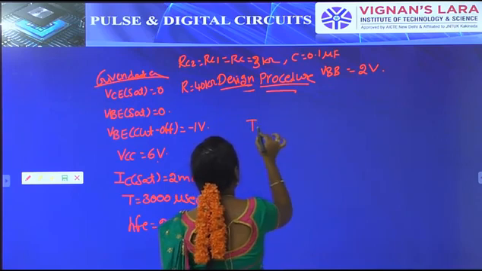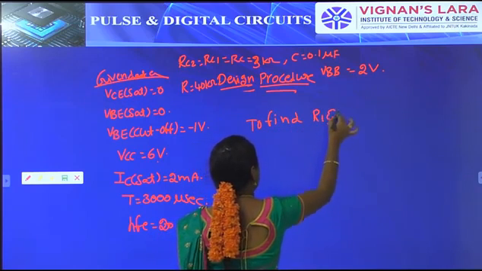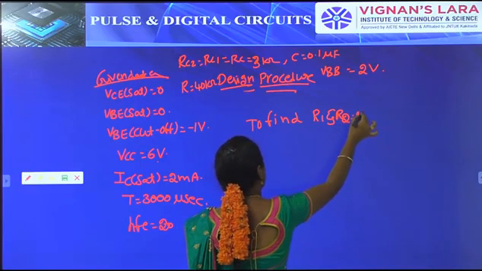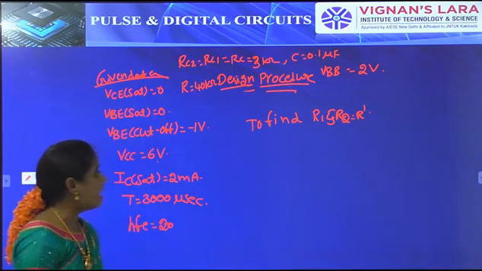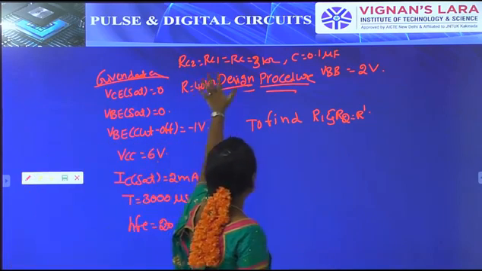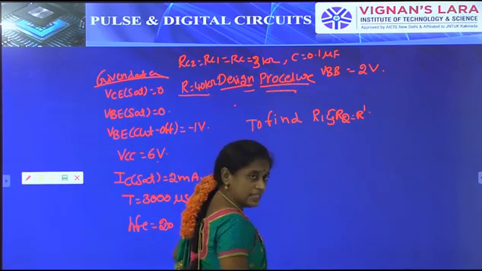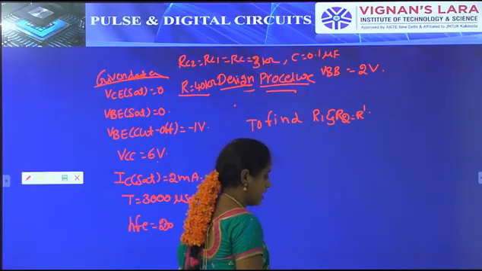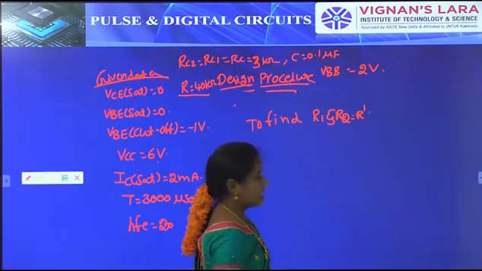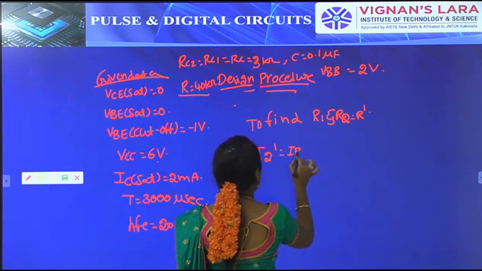After that, the final thing will be finding R1 and R1 dash, that is R1 and R2, which is equal to R dash. Up to this we have found RC2 and RC1, the capacitor value, the resistor R and VBB. Now we find R1 and R2, which is equal to R dash. As we know, the I2 dash current is equal to IB minimum, IB1.